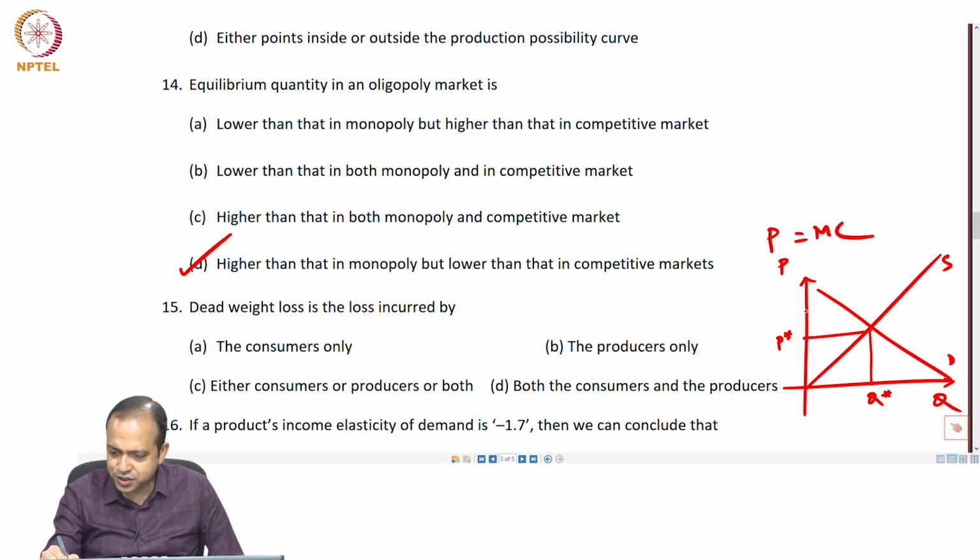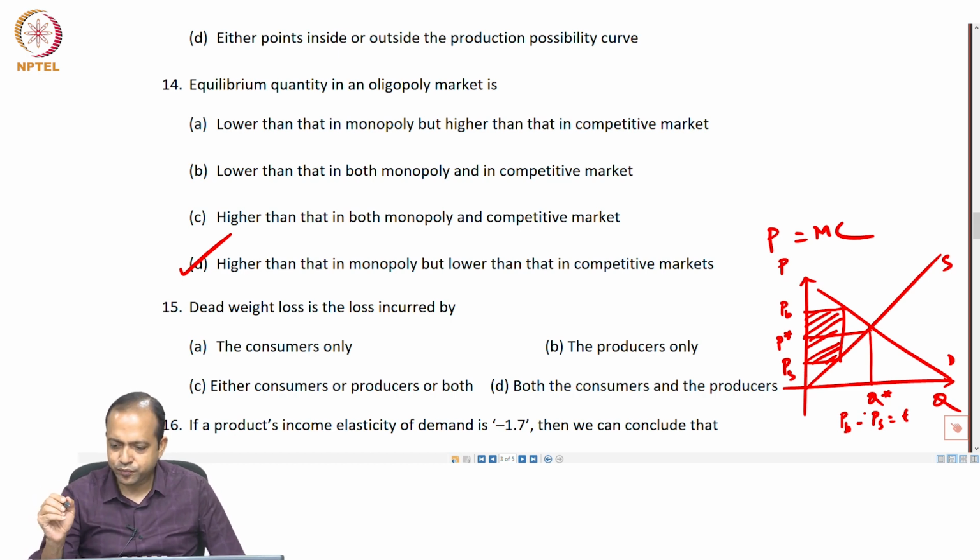But when the tax is imposed, the price paid by the buyer will increase, this is PB, and the price received by the seller will decrease, this is PS. So, it will create some kind of tax revenue for the government.